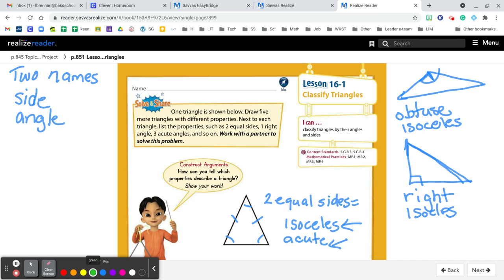Then we can come on over here and we will do a scalene. We have is another name, and a scalene is going to be 3 sides of different length. And this one we're going to call a right scalene because we have a right angle.